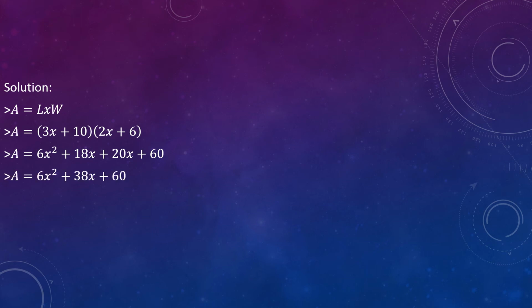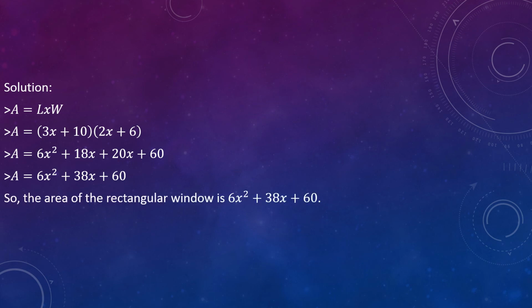We combine like terms, 18x plus 20x is equal to 38x. Therefore, the area of the rectangular window is 6x squared plus 38x plus 60.